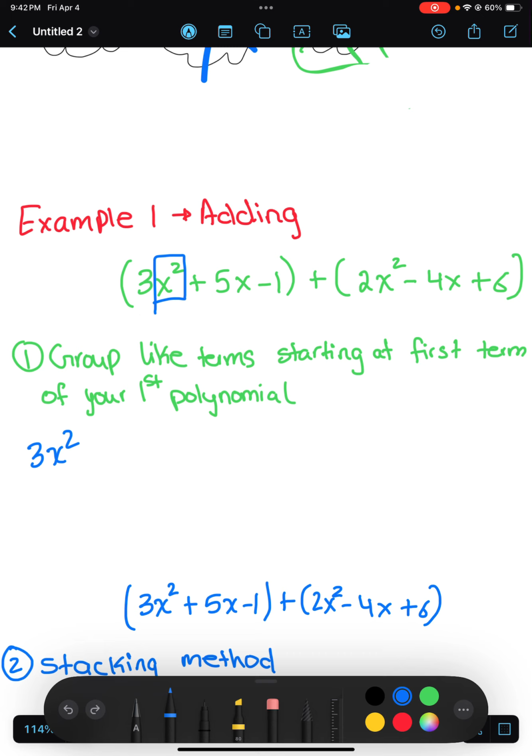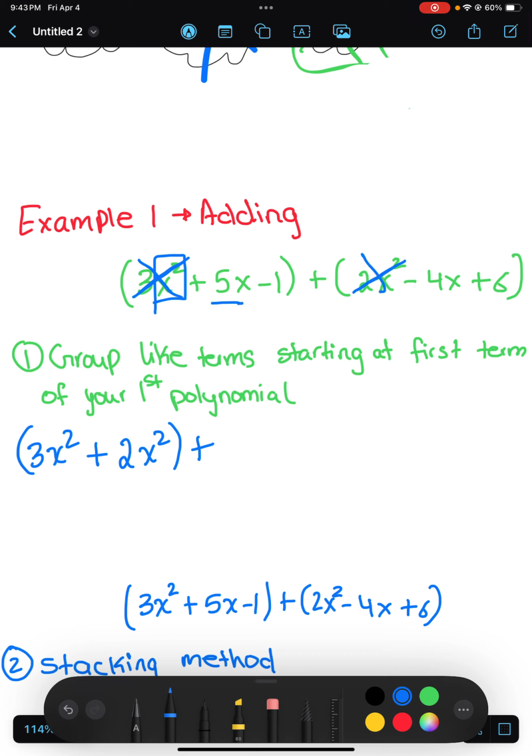Let's see if I have x squared in my second polynomial. I do have x squared right here. So that means I have two like terms. So I'm going to do 3x squared plus 2x squared. Okay. I am going to use brackets. Now this is done.